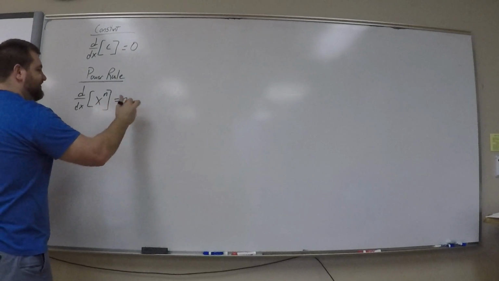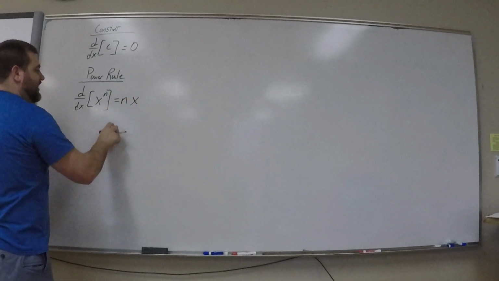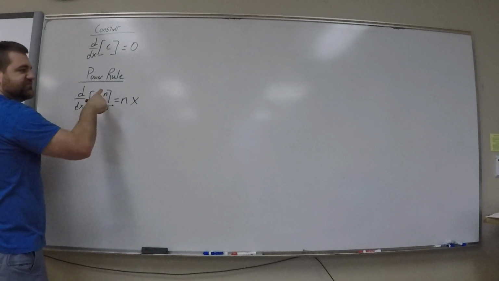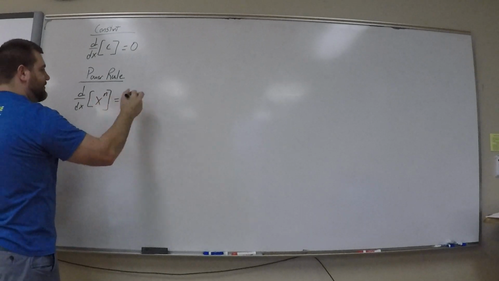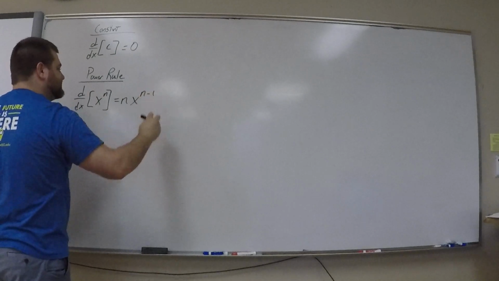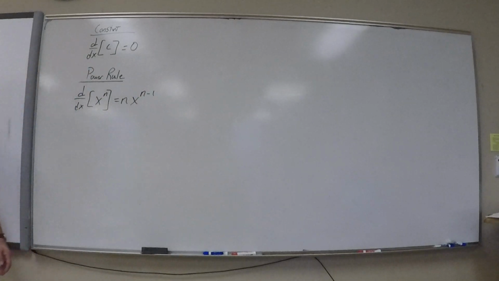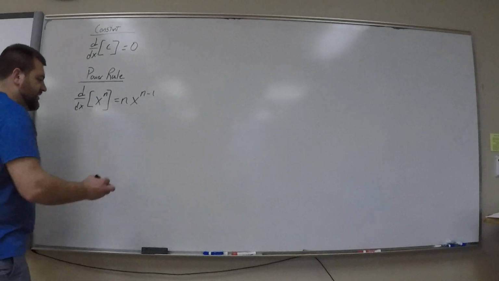My base for the variable x is still there, and I get a new power where I subtract 1 from the number up top. So I end up with n minus 1 up there. So we see when we take the derivative of a variable to a power, the power comes down as a multiplier, and I subtract 1 from the original. That's it. Next one.